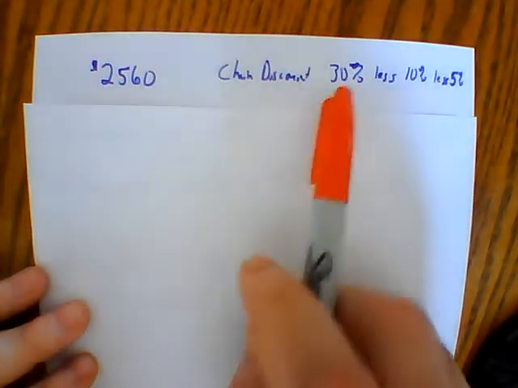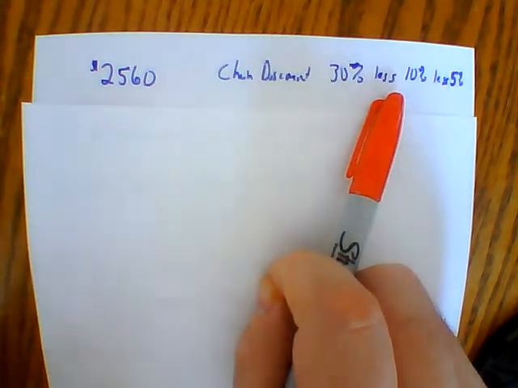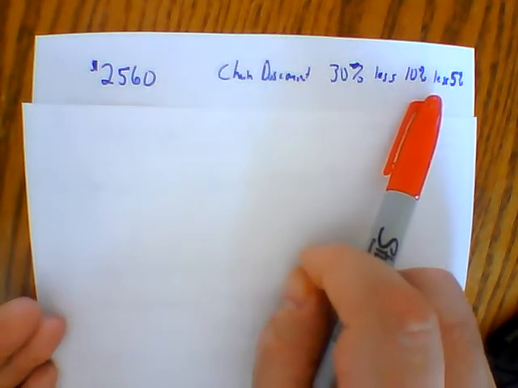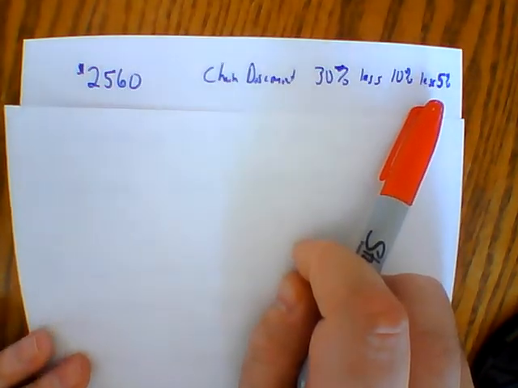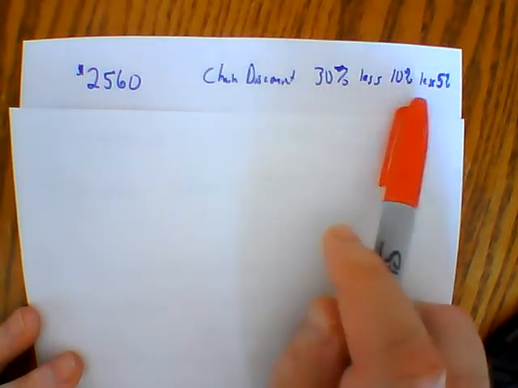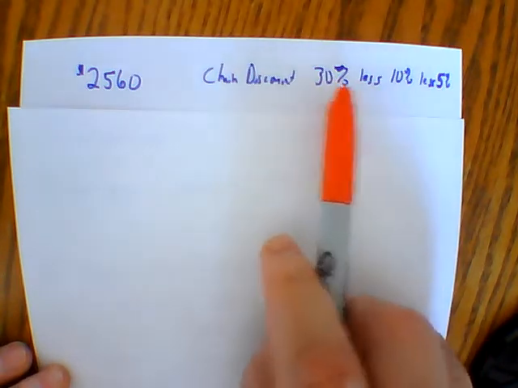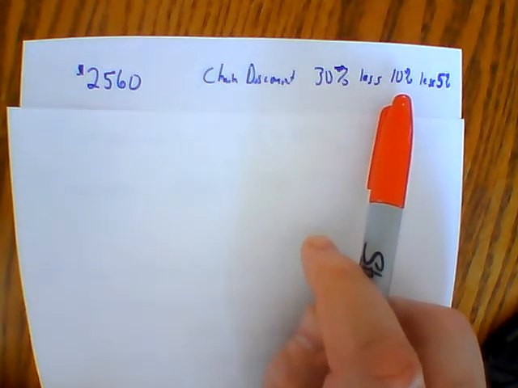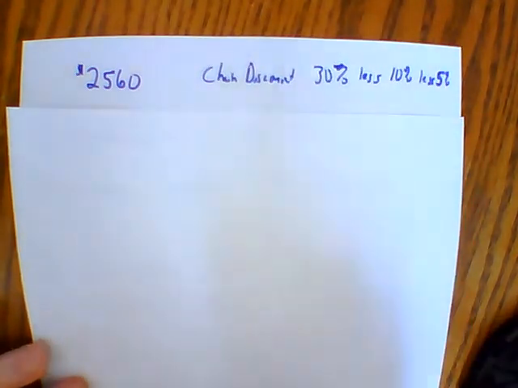So they'll give you 30% off, then an additional 10% off, and then an additional 5% off. This is not just adding all of these up. You're not getting 45% off. You're getting 30%, then with what's left, an additional 10% off of that, then with what's left, an additional 5% off.